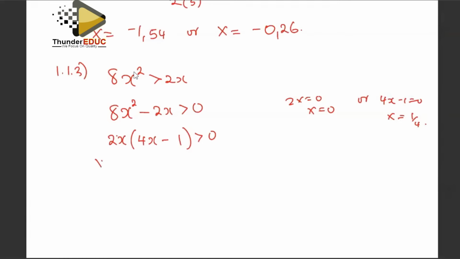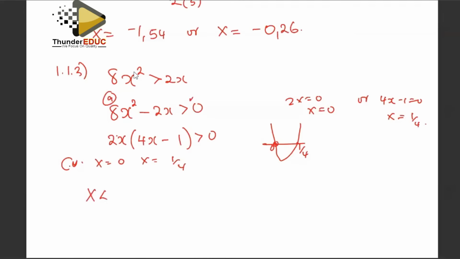So x is 0 and x is 1 over 4 represent what we call the critical values. But now, since we're dealing with an inequality that is having a positive a, and the inequality is greater, it's like a parabola in this sort of format. So if that is 0, and then this is 1 over 4, where do we find this parabola to be above the x-axis?